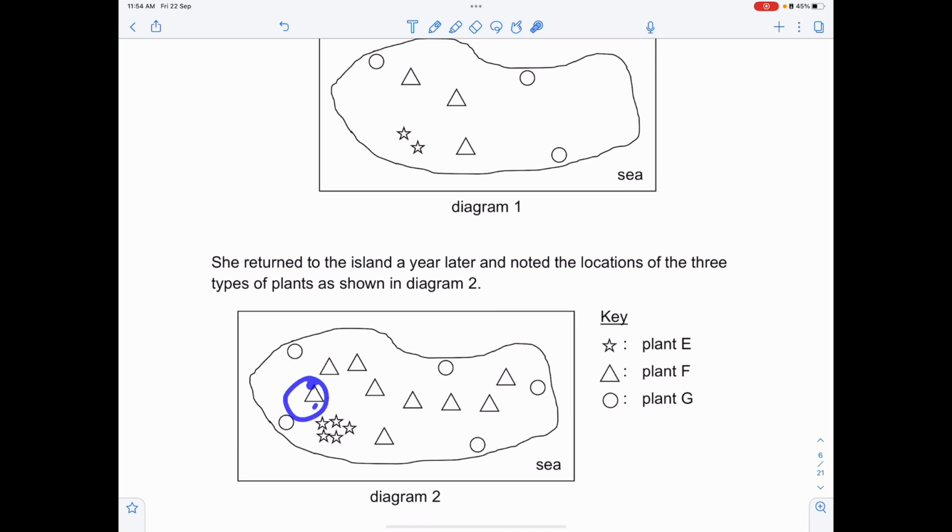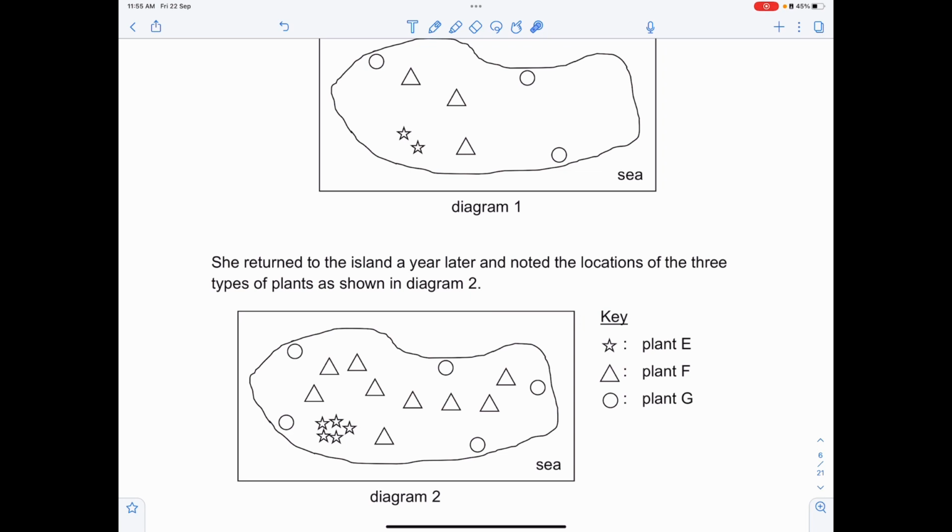I was trying to contemplate whether there's a possibility that it is dispersed by wind. When I looked at it, I have one that goes against the general trend, which is all going in this direction, but I have one that is not. And furthermore, the question did not mention anything about wind direction. So I think I can safely rule out wind, it is probably animal.